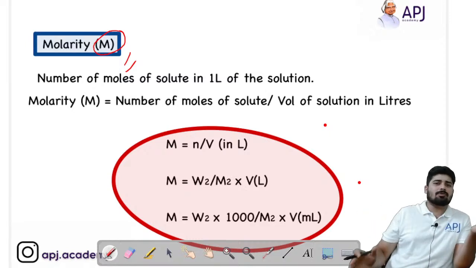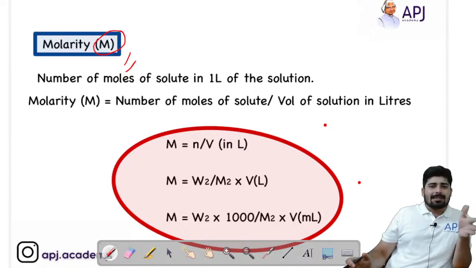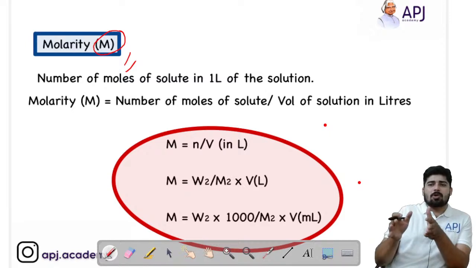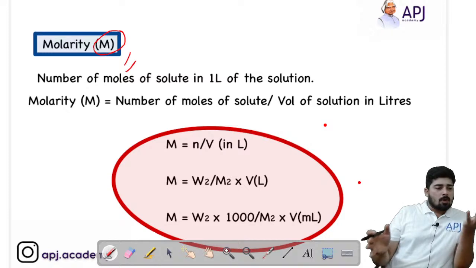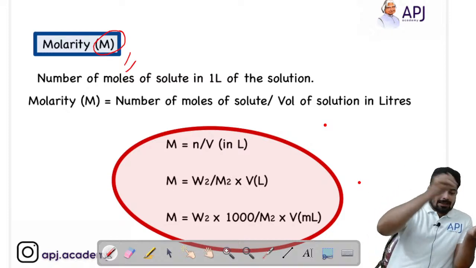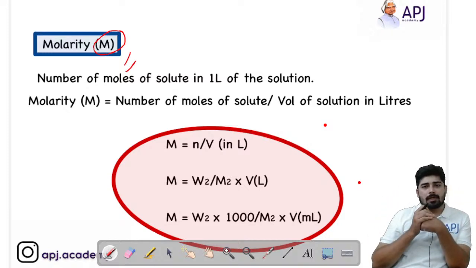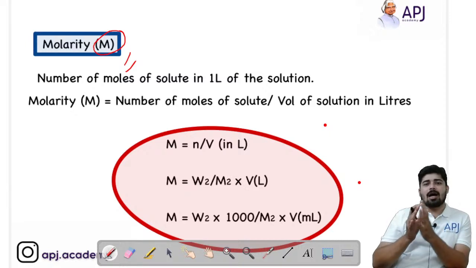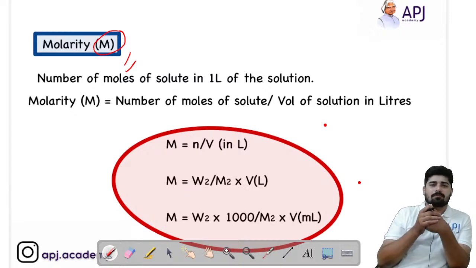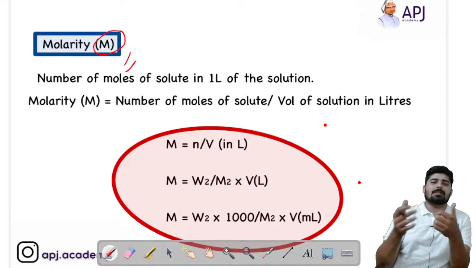Without concentration terms, we do not know whether a particular acid is strong or weak or dilute, etc. These concentration terms are connected with solutions, where you have one solvent and you add a certain solute into it. So concentration terms are generally given for solutions.